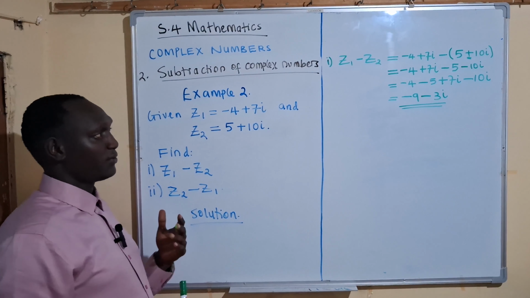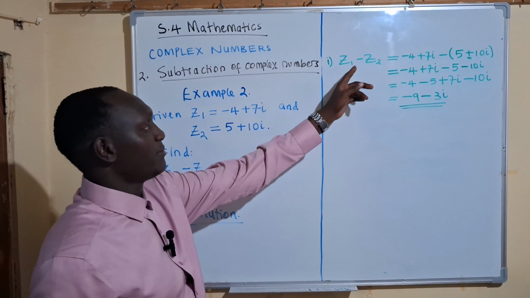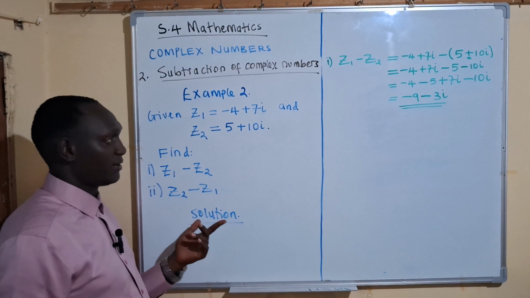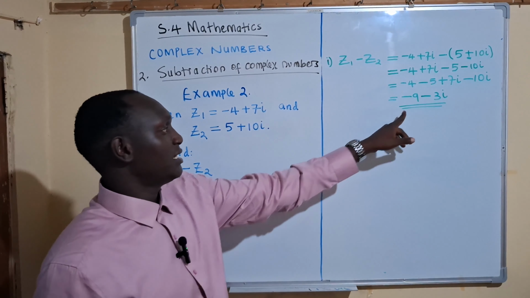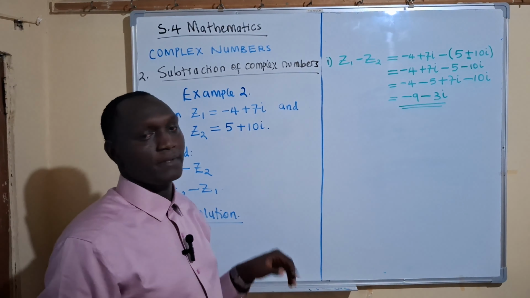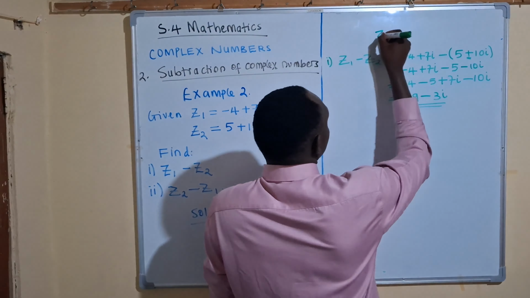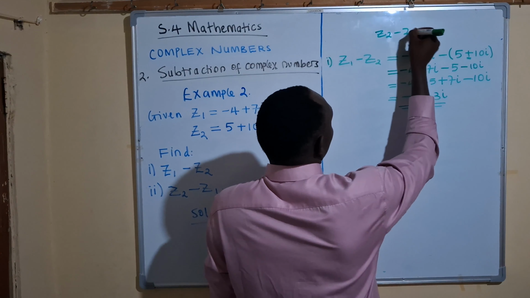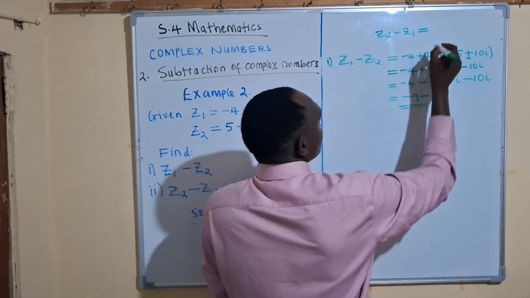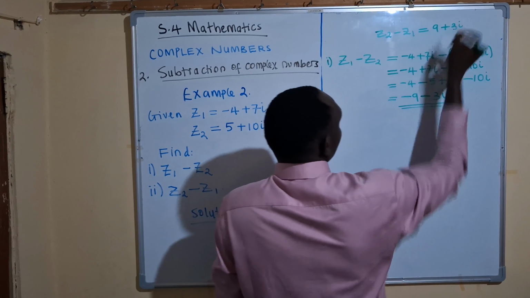Now we had earlier on said that the opposite of z1 minus z2 is actually z2 minus z1. And the NB was that you just change the signs which are here. So we can predict that z2 minus z1 is going to become 9 plus 3i.